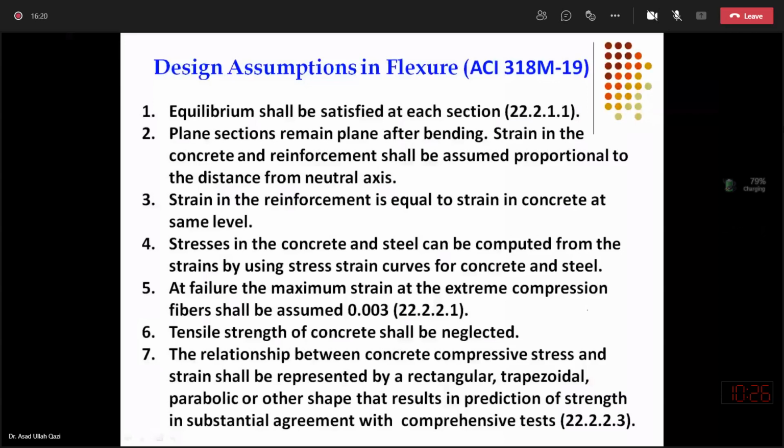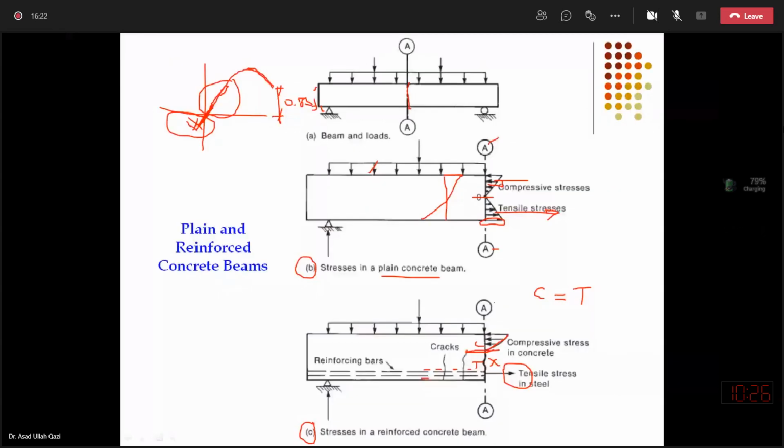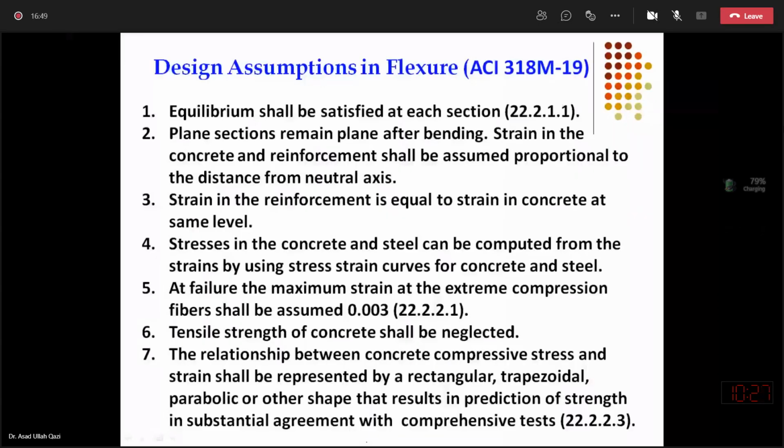So in all these beams, when I want to check whether C is equal to T at this section, at this section, at this section, in all sections this C equal to T must be present, otherwise the beam will collapse due to failure at that section. So we are although looking at the maximum stressed section, but as a matter of fact, equilibrium shall be satisfied at each and every section along the span of the beam.